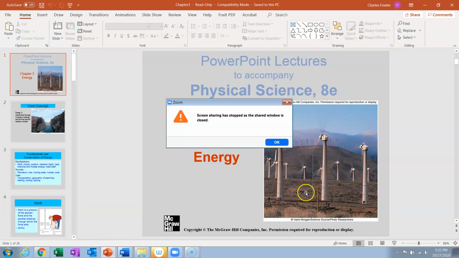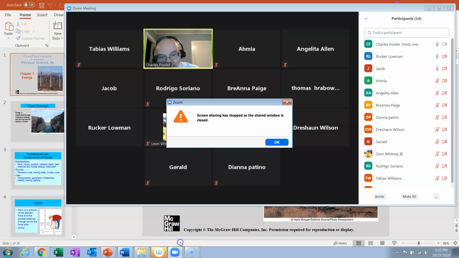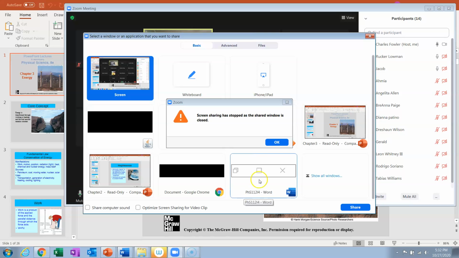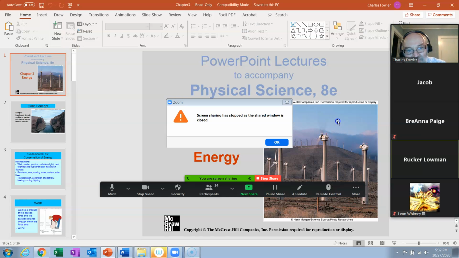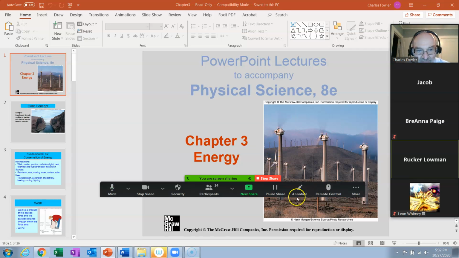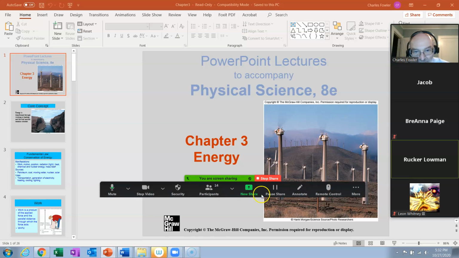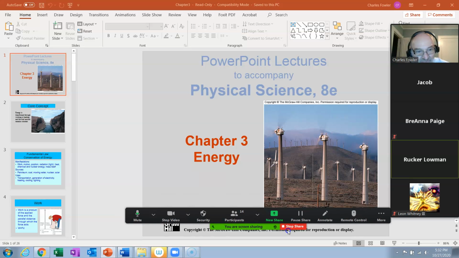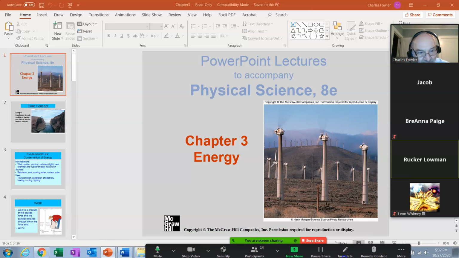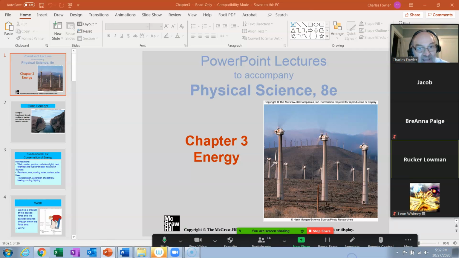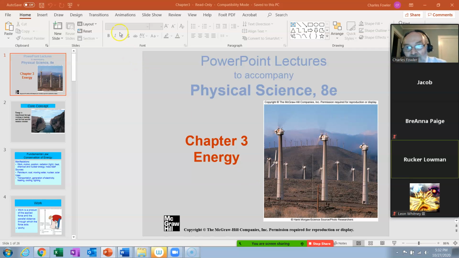All right, now I'll go back to Zoom and see if I can find Chapter 3 now. There we have it. Okay. All this you have to go through. So, can you see my Chapter 3? Probably what you can't see is this taskbar that blocks a lot of my view. So I'm going to move it out of the way, and we'll be ready to go. We'll go from current slide.